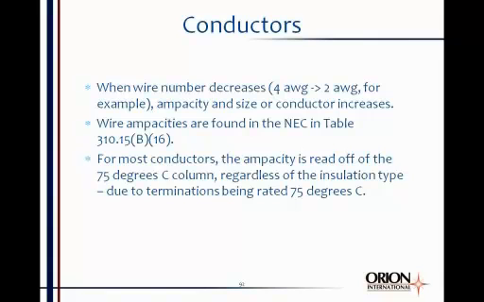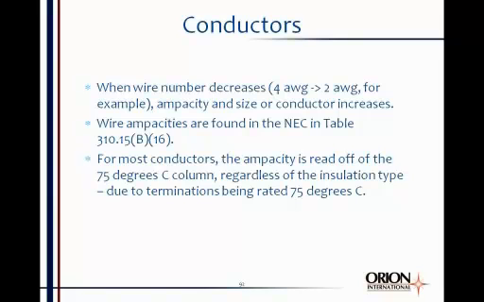There are many different types of insulation they place on conductors. Some of it's 60 insulation, some of it's 75, some of it's 90. Some of the most common wiring is 90 C insulation, but you'll typically read that off the 75 C column because it's not the insulation type that ends up determining the temperature rating of the circuit. It's the terminations.